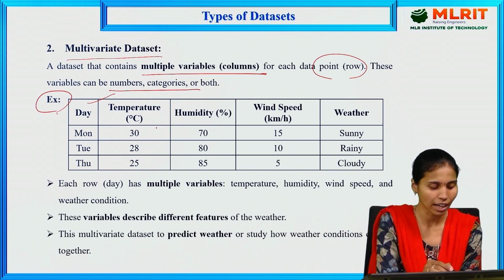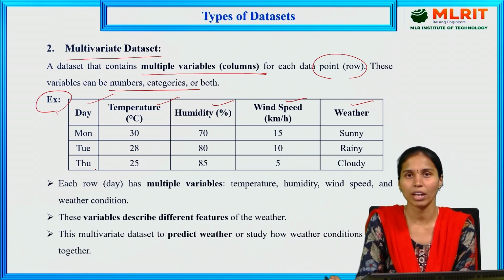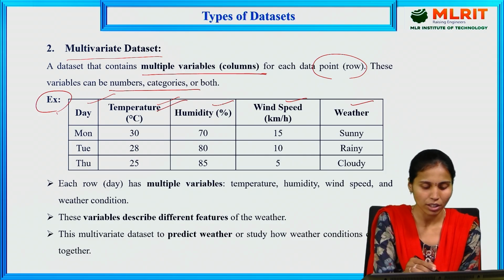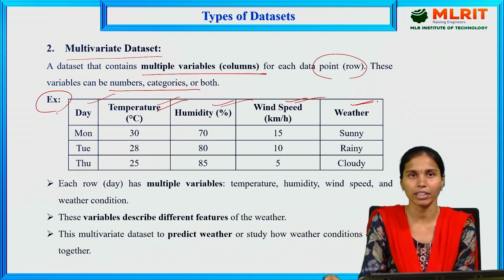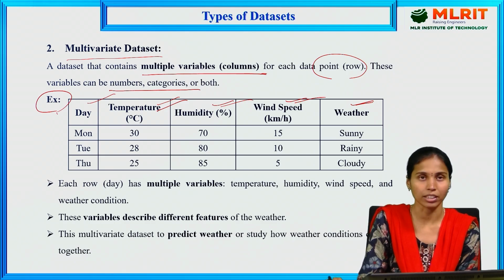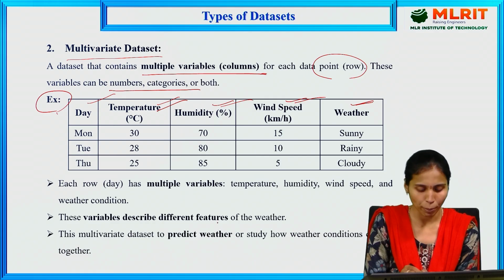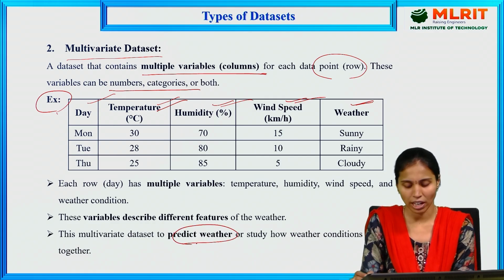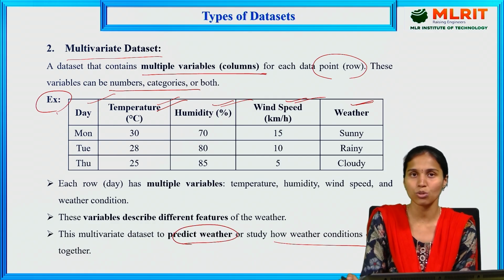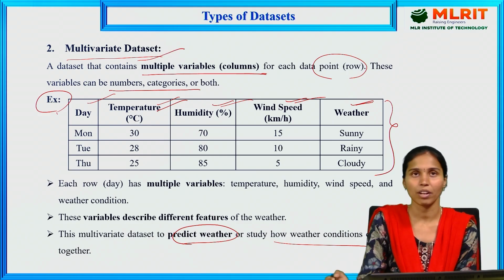First one is day, then temperature, humidity, wind speed and weather. Each row has multiple variables like temperature, humidity, wind speed and weather. These variables describe different features of the weather. This multivariate dataset is used to predict the weather or to study how weather conditions change together. This type of dataset is called a multivariate dataset.